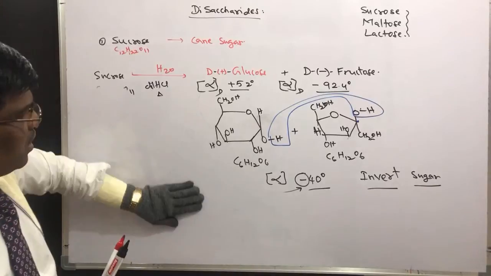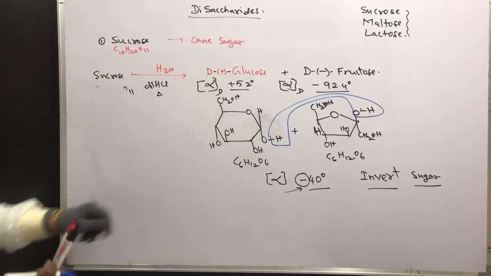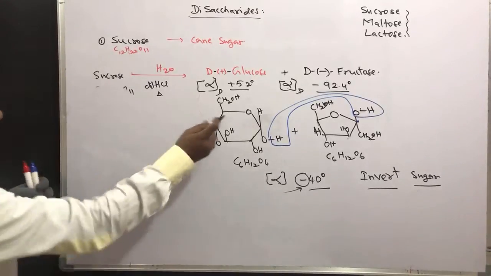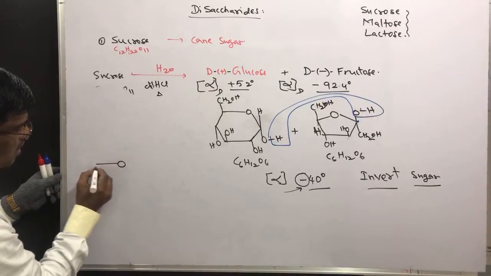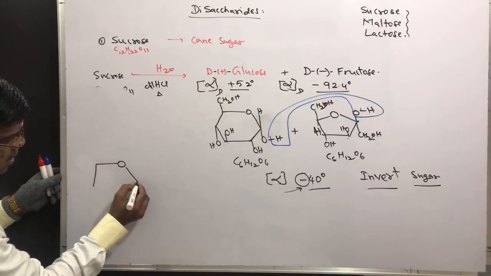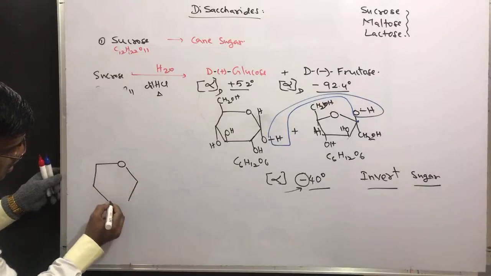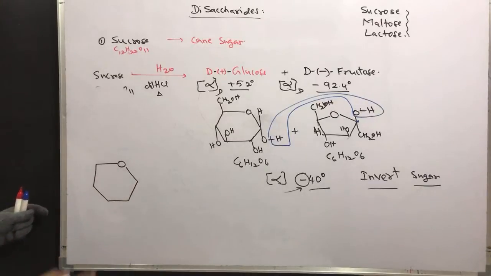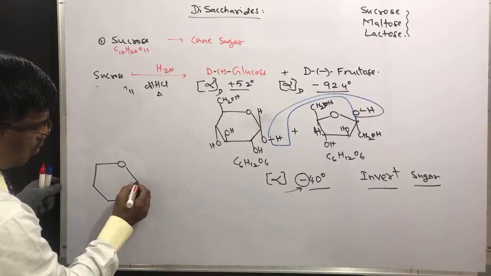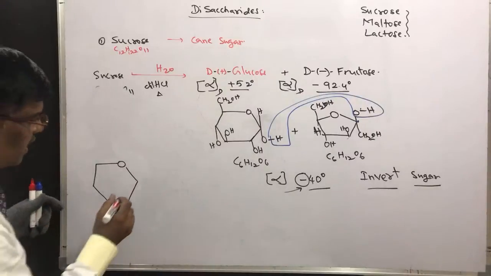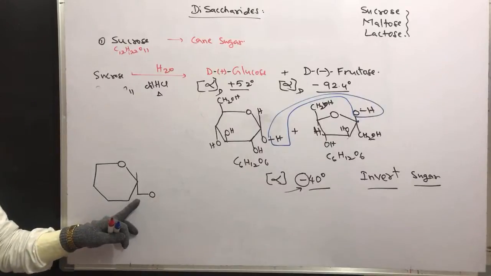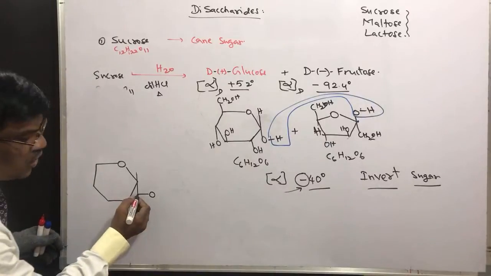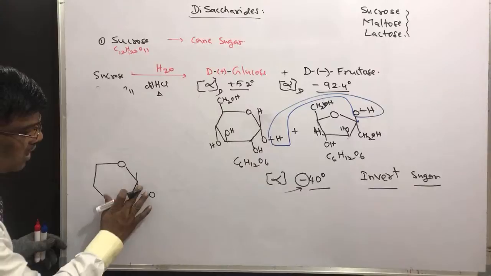So how is it going to form? Now it is clear. Let me write glucose. In most of the textbooks it is written like this. This curve shows it is CH2. I am not going to follow that.